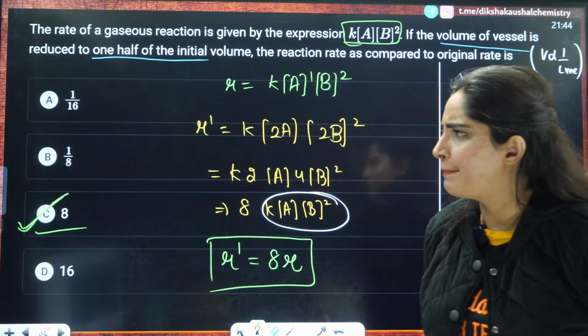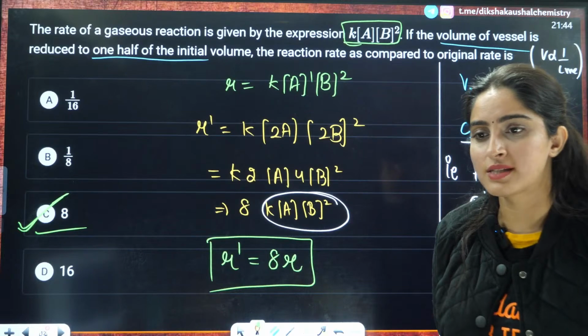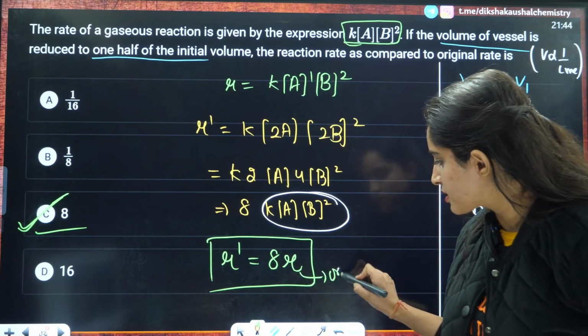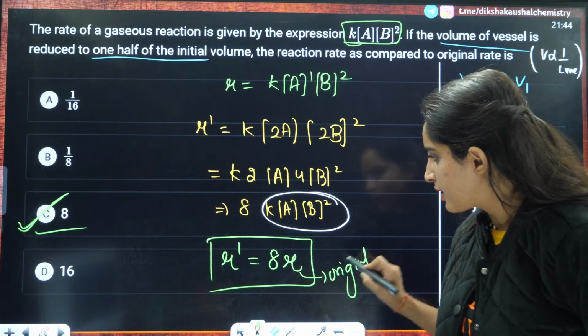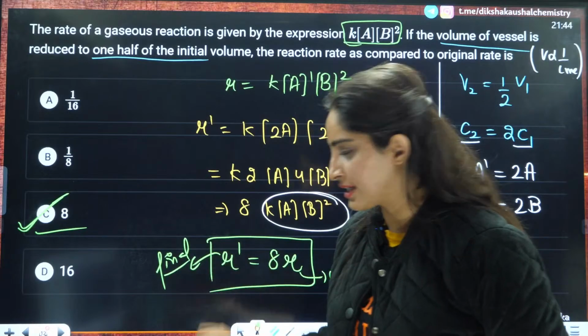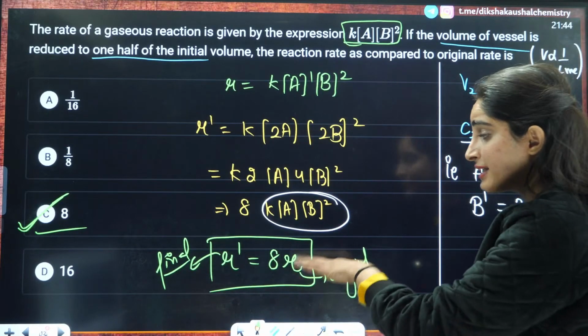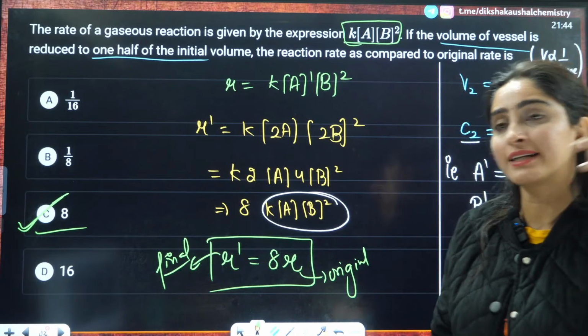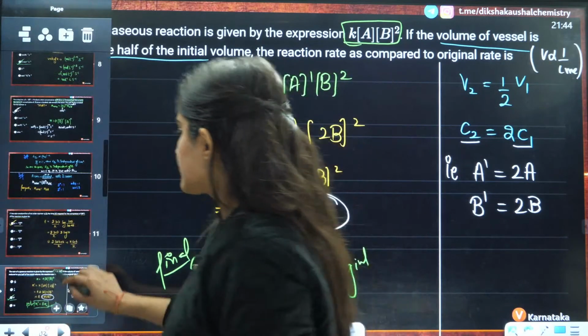Not B, C is the correct answer. This is the original rate, this is the final rate. So final rate is 8 times the original rate.